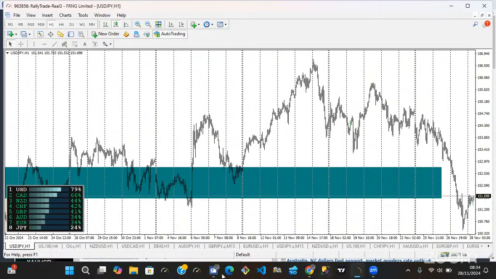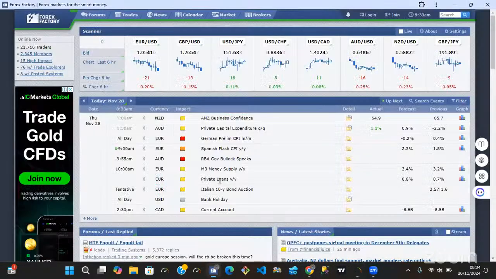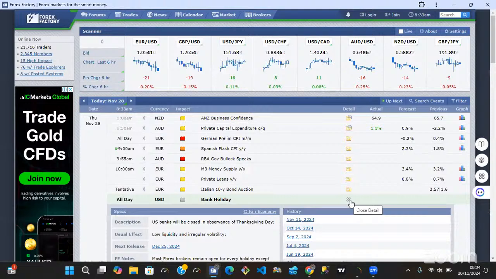First of all, we look at our fundamental analysis from Forex Factory. You'll notice that for two of the major instruments traded, Euro as well as the USD, we have a bank holiday for the US dollar. Normally when you have a bank holiday, the currency is weak or not really strong.